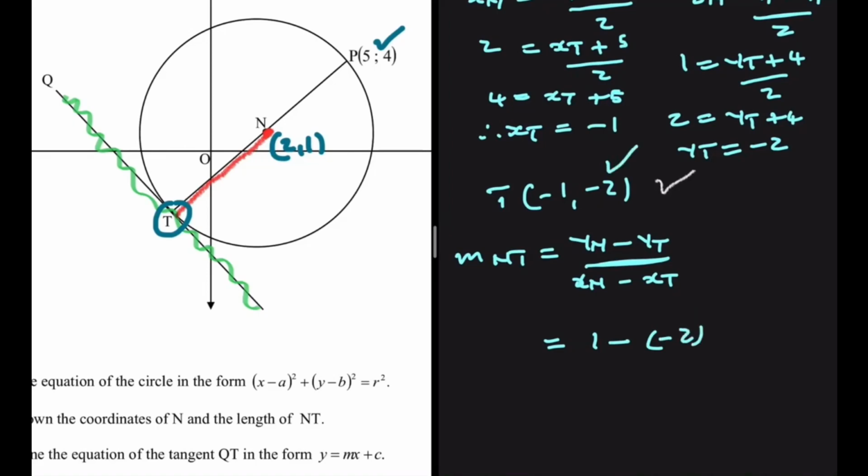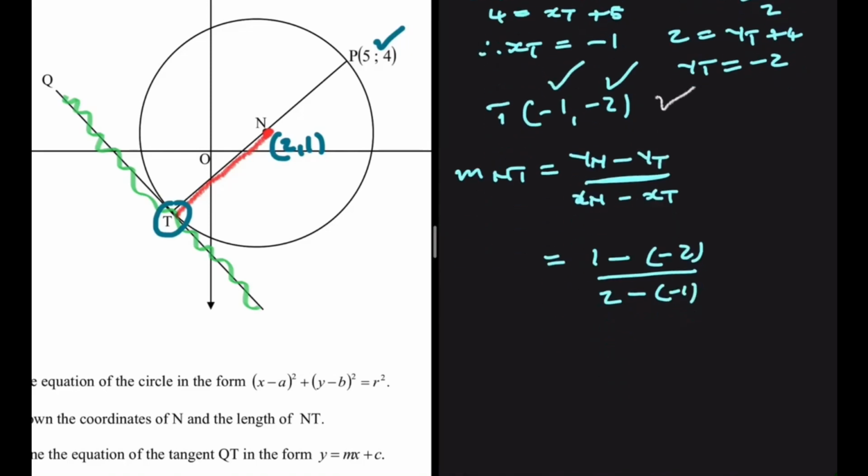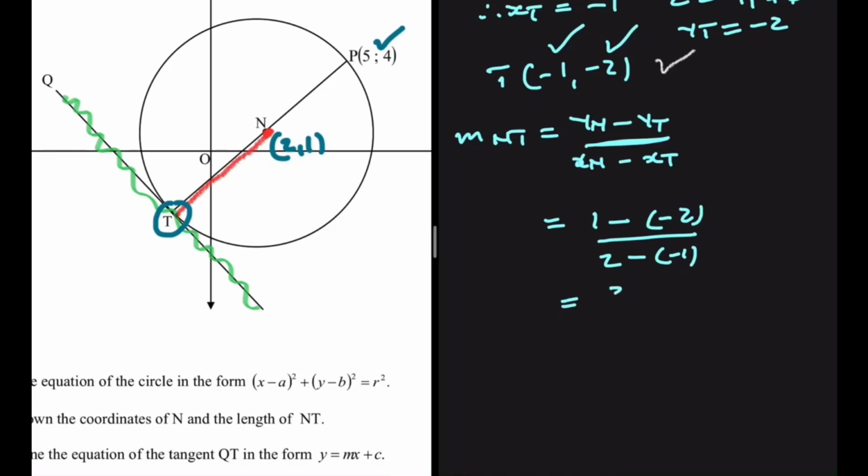And then everything divided by x of n, which is 2, minus x of t, which is minus 1. So we have 3 divided by 2 minus minus 1, that is 3. So the gradient of nt is 1.